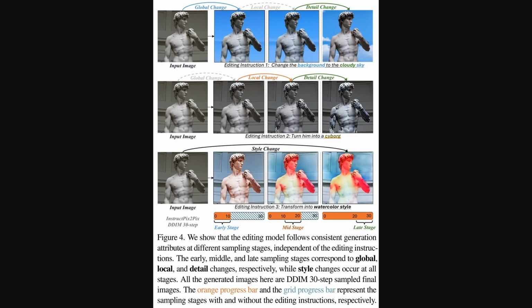Early on, the model makes global changes, like the overall scene. Mid-stage, it focuses on local attributes, and then late stage, it refines the details. Style changes, interestingly, seem to happen throughout all stages. This understanding of, quote, diffusion generation priors, or how AI models build up images step by step, is crucial for SuperEdit's ability to rectify instructions.